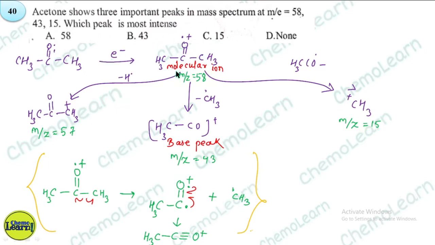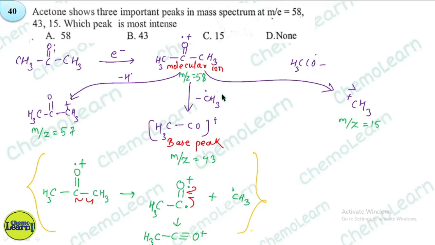This molecular ion has M/E value 58, right? Then fragmentation occurs. After removal of one hydrogen radical, we can get M/E equal to 57. Upon removal of CH3CO, we can get M/E equal to 15.